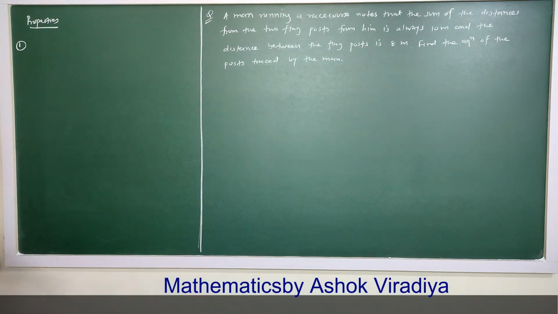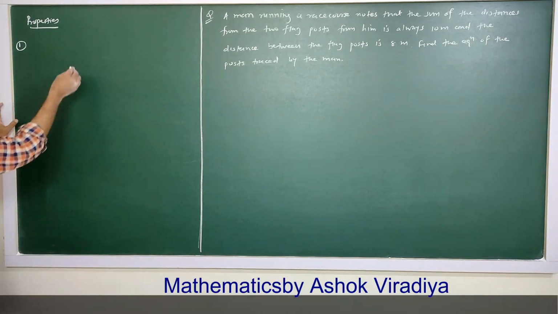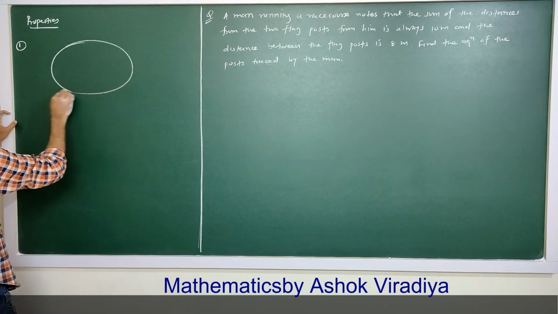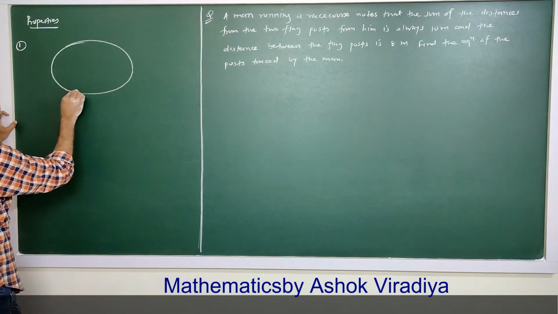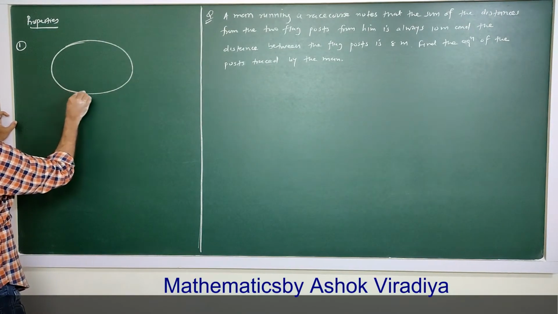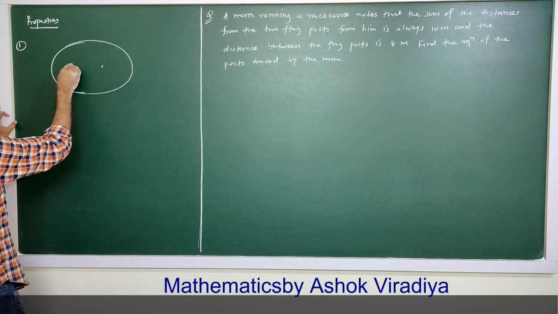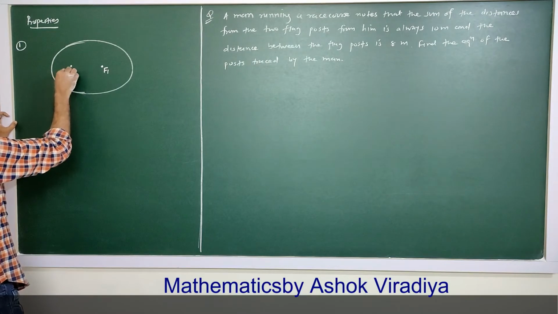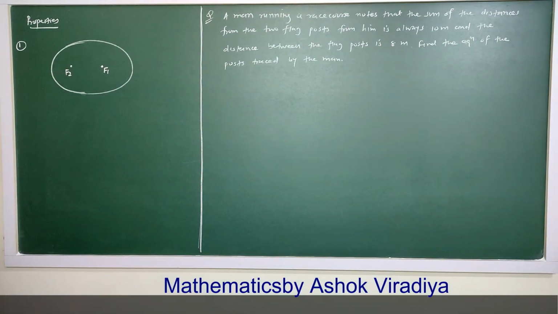We already discussed a property of ellipse. For any ellipse, these are two fixed points f1 and f2, which we call foci.